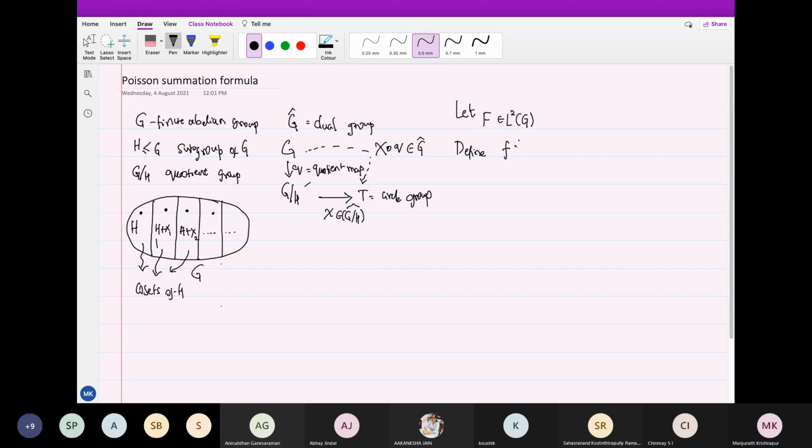How do I build that? So you take all the translates of it.